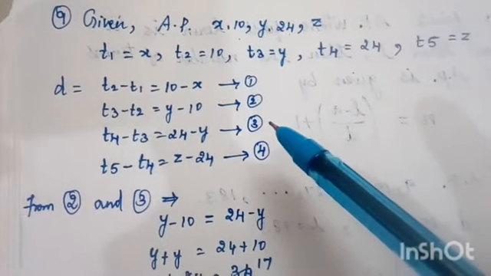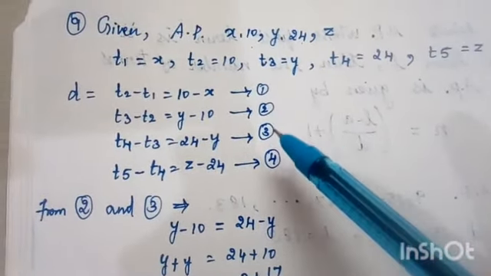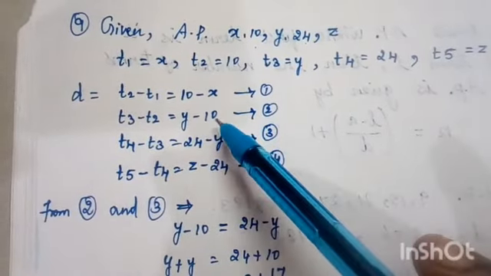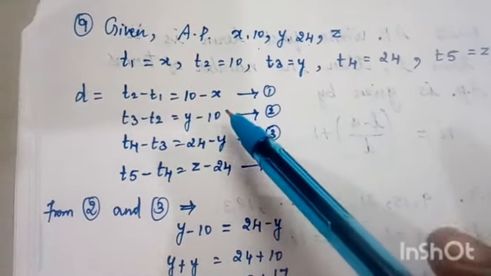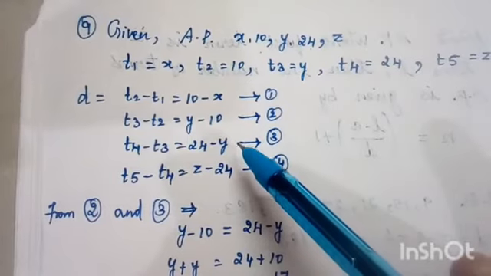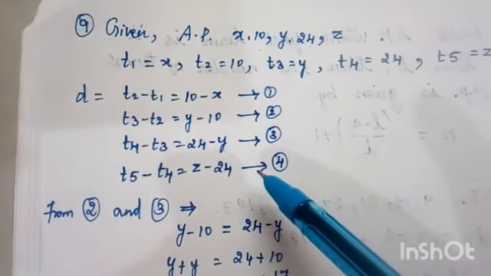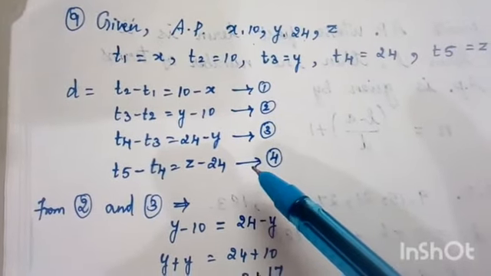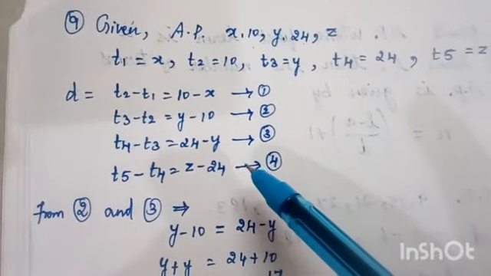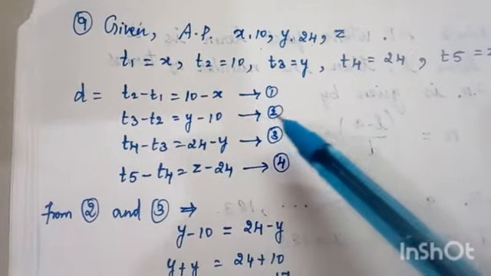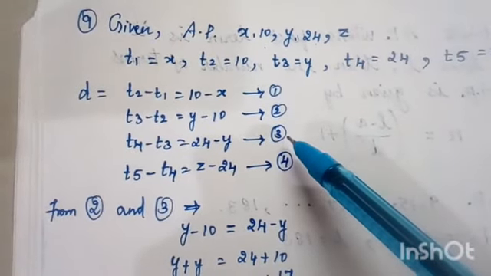I consider the second and third equations here because these two have the same variable, so it is easy to find the values. If you select first and fourth, the two variables are different, so it is easier to select the second and third equations.